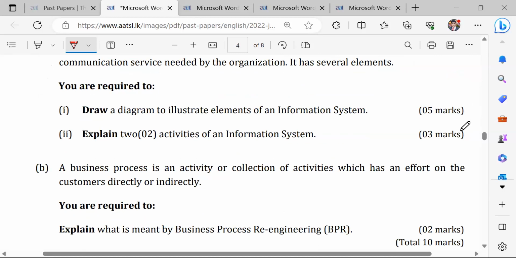Collection of data, processing data, storing data, dissemination of data.